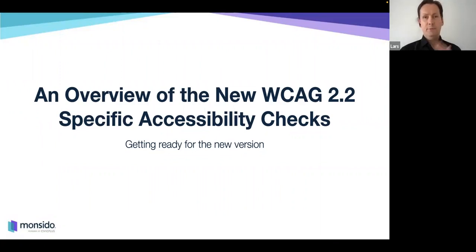We have a bunch of new success criteria. I'll give you the overview. Also, I want to say it is really just an overview, because there are many more details when you get into it. If you need to understand more of the details, I really recommend you go into the WCAG standard and read each success criterion there.